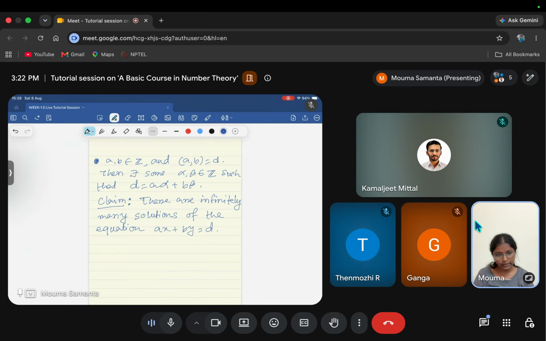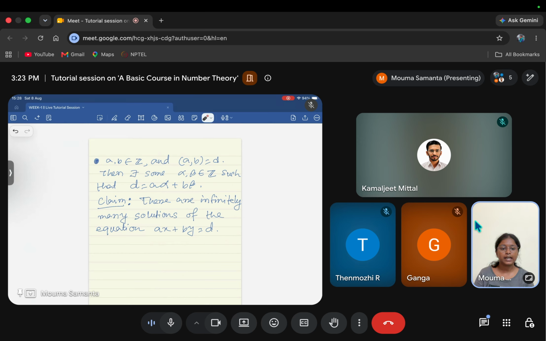Given that alpha, beta is a solution of this equation, we can claim that ax plus by equals d will have infinitely many solutions.